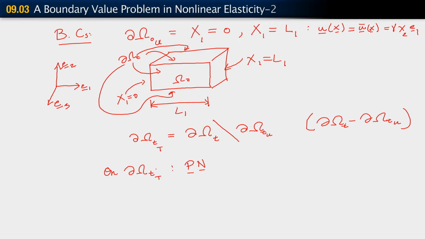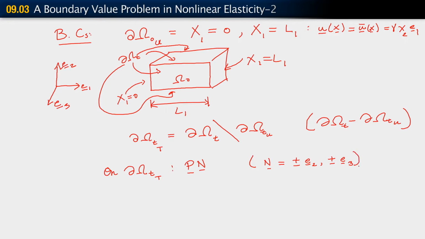But we know what each of those unit normals is, because it's a nice rectangle. So those unit normals N just take on the values plus or minus E3, and plus or minus E2, depending upon which of those faces we pick.